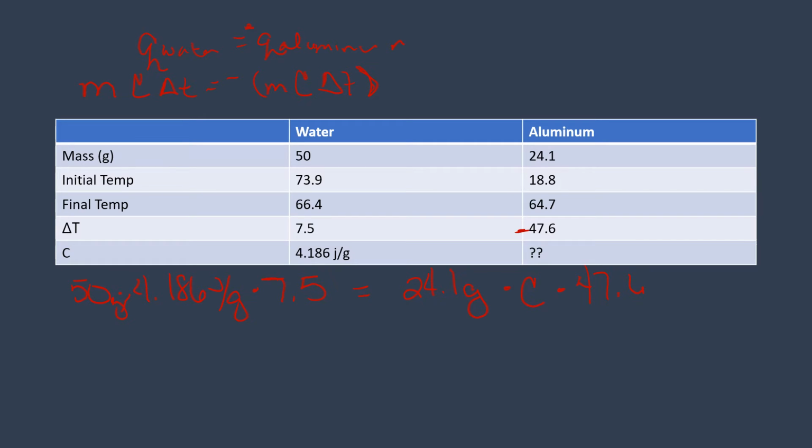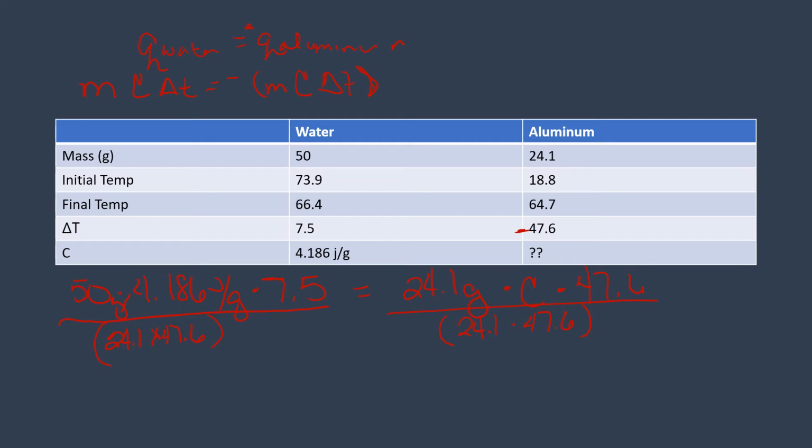So to rearrange the equation, you divide both sides by 24.1 times 47.6.